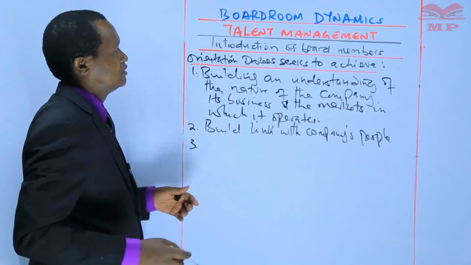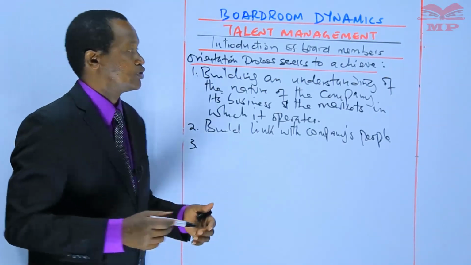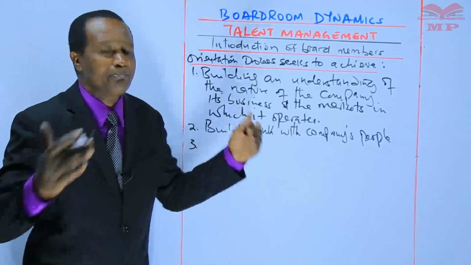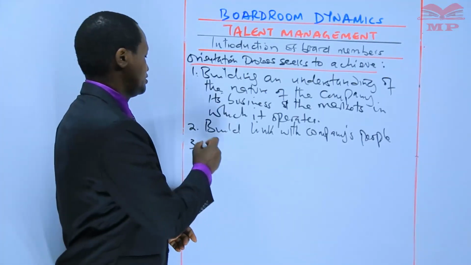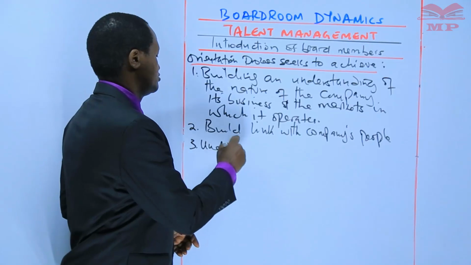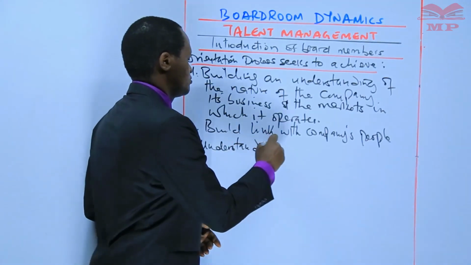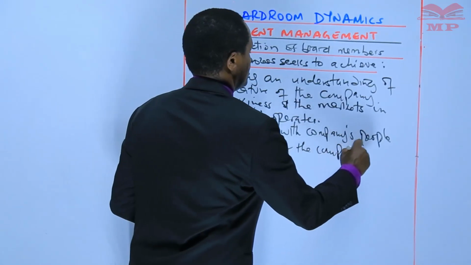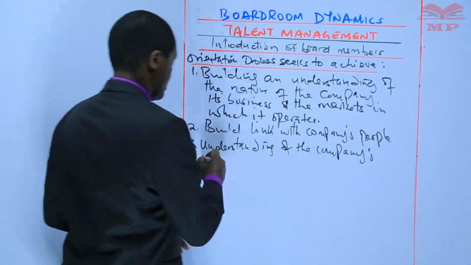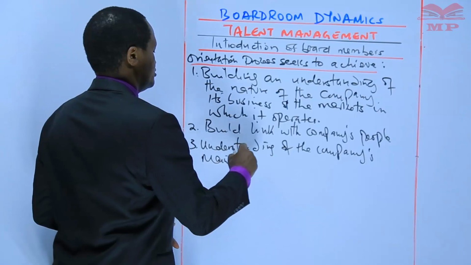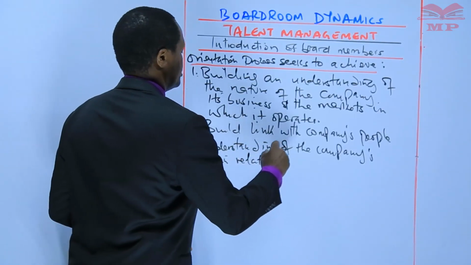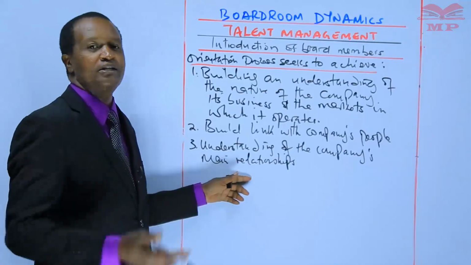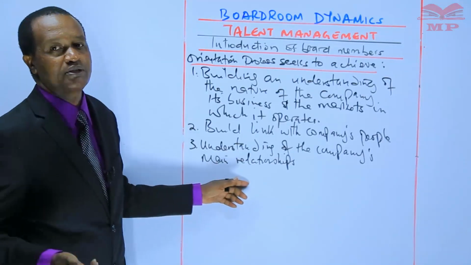The third thing that the orientation process seeks to achieve is to build an understanding of the company's main relationships.